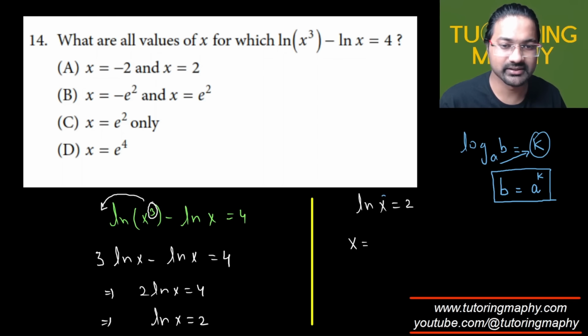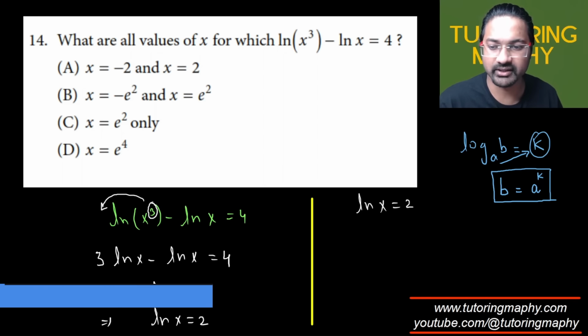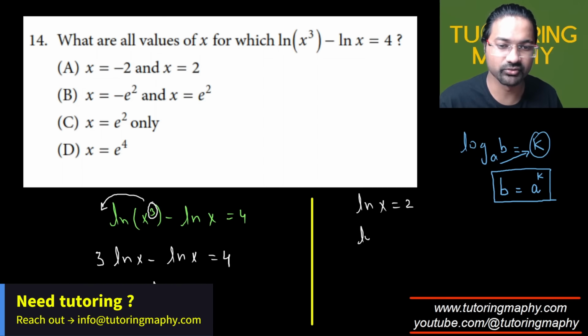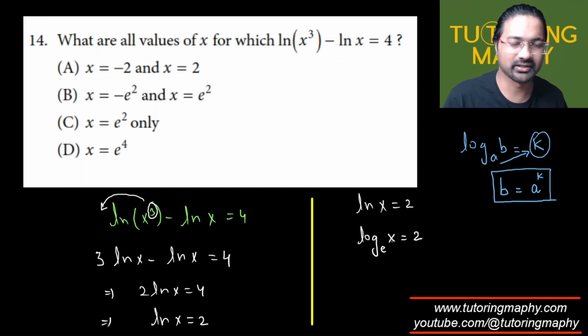And likewise, since this is a natural log, and if it helps you understand this even better, although we don't really write like this, like log of base e is equal to 2. Just to make you understand, here the base is e and we need to find x.